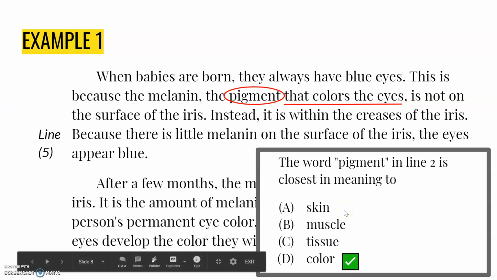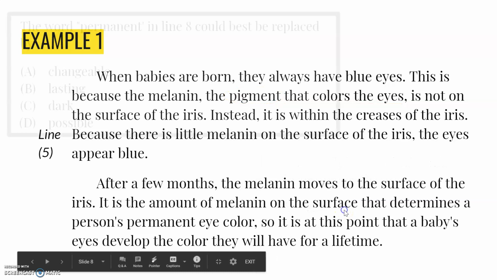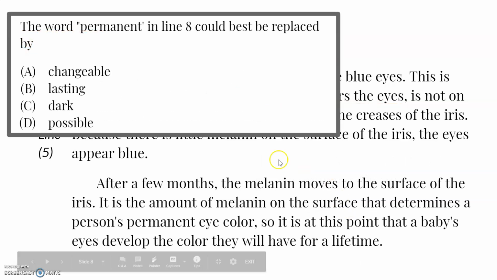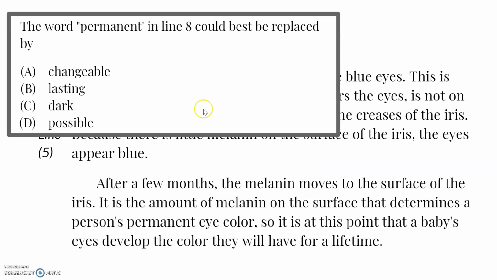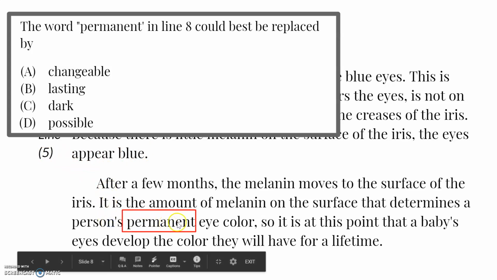The second example for the question is, the word permanent in line 8 could best be replaced by. Line 8 is line 5, 6, 7, 8. Permanent. Now let's read the sentence that contains permanent. A person's permanent eye color.